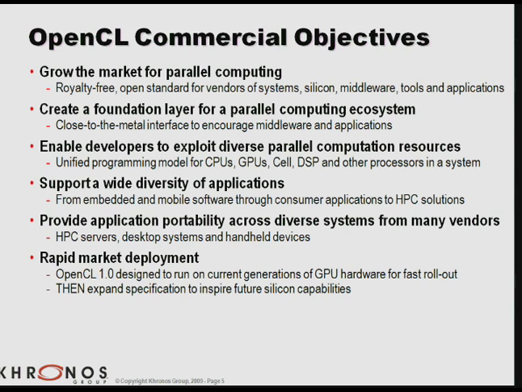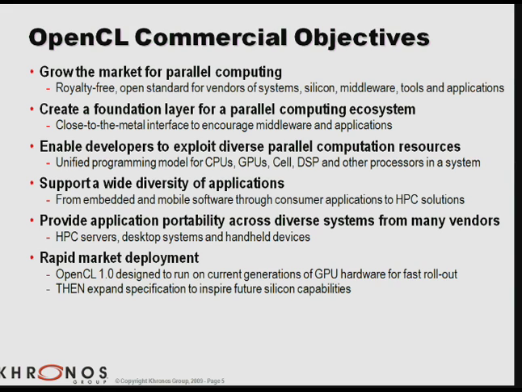Really the whole industry, we hope, can benefit. In the Khronos way, we're focusing close to the silicon. We hope OpenCL can create a foundation layer for a parallel computing ecosystem. You'll find tools and other languages and applications building on top of this low-level interface into parallel silicon.